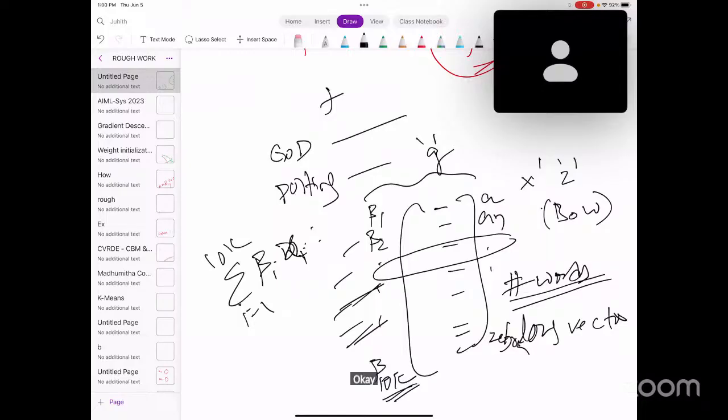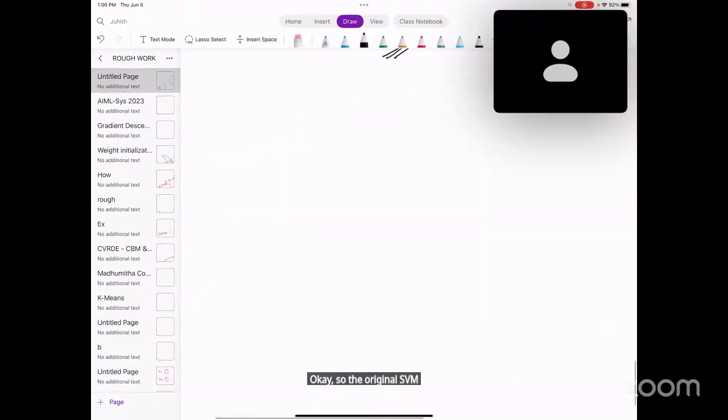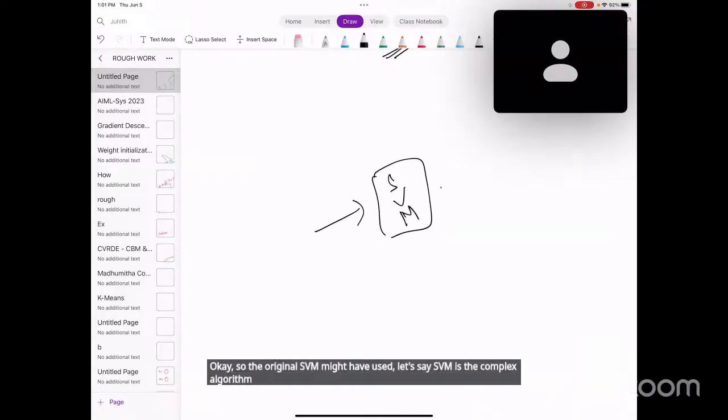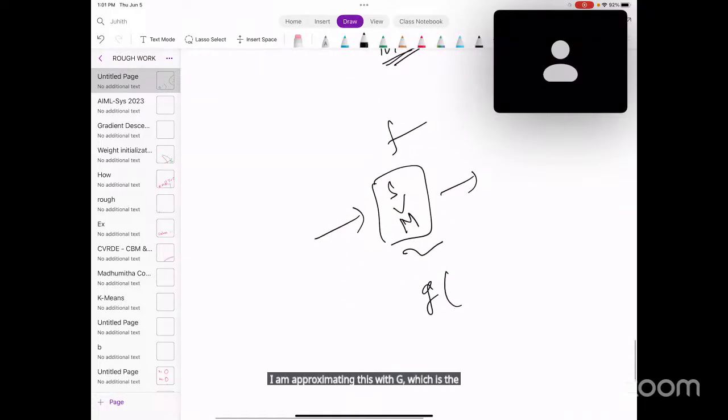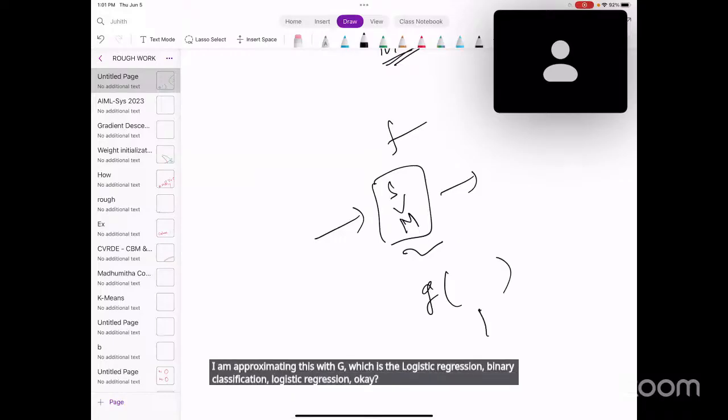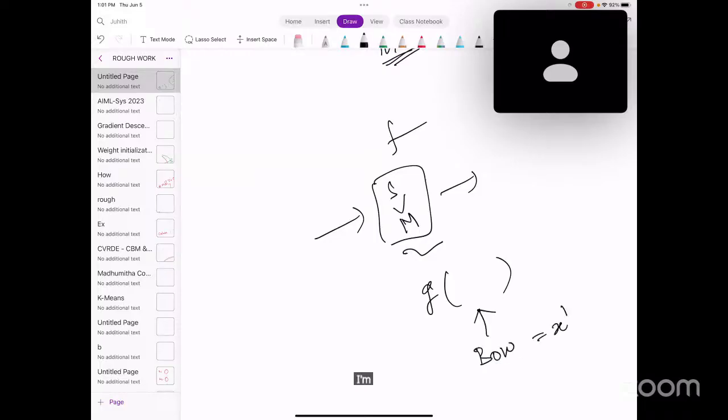The original SVM, let's say SVM is the complex algorithm we trained, is my F. I am approximating it with G, which is a binary classification logistic regression. This is using the BOW representation, which I'm calling the X prime representation.